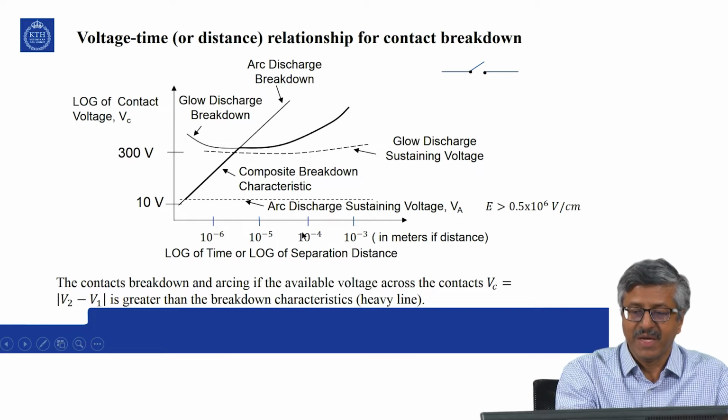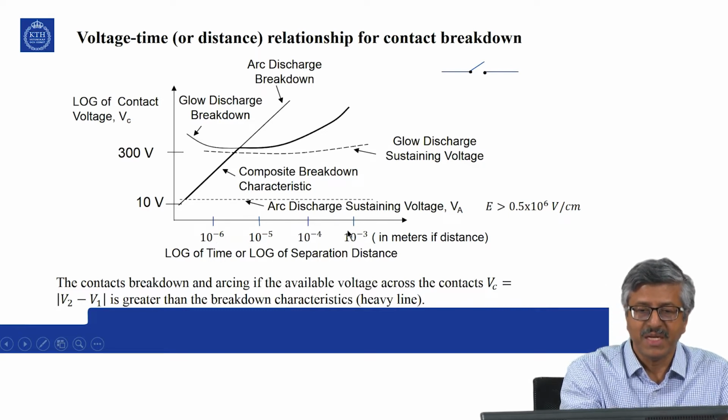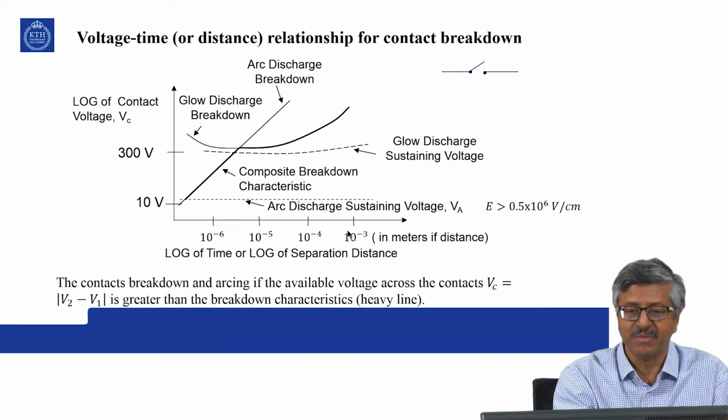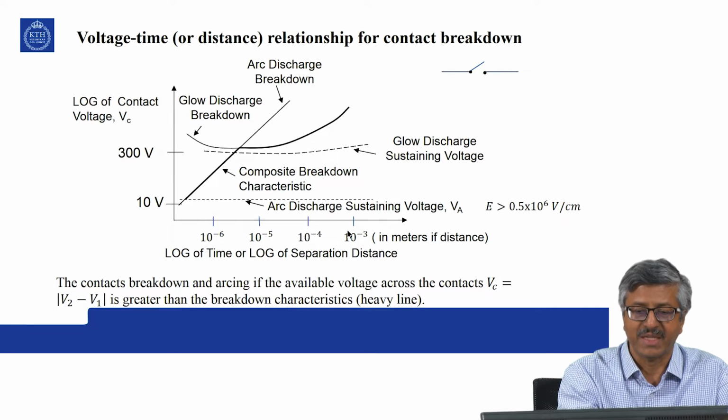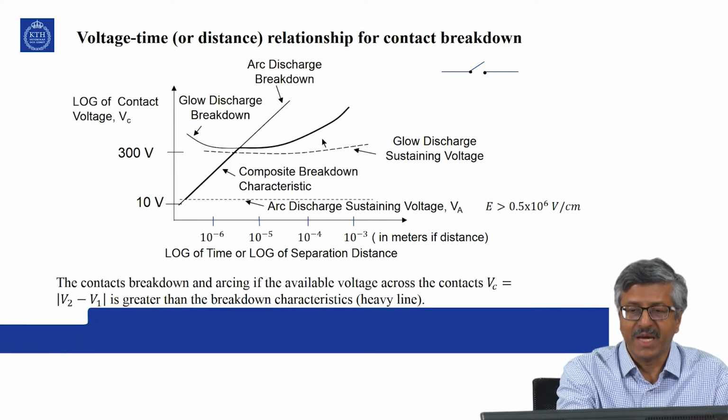Or, if you have certain speed for opening of the switch, it can be in terms of time also, this axis. So what is expressed here is a voltage time relationship, a composite breakdown characteristic. So it is a voltage time relationship for contact breakdown.